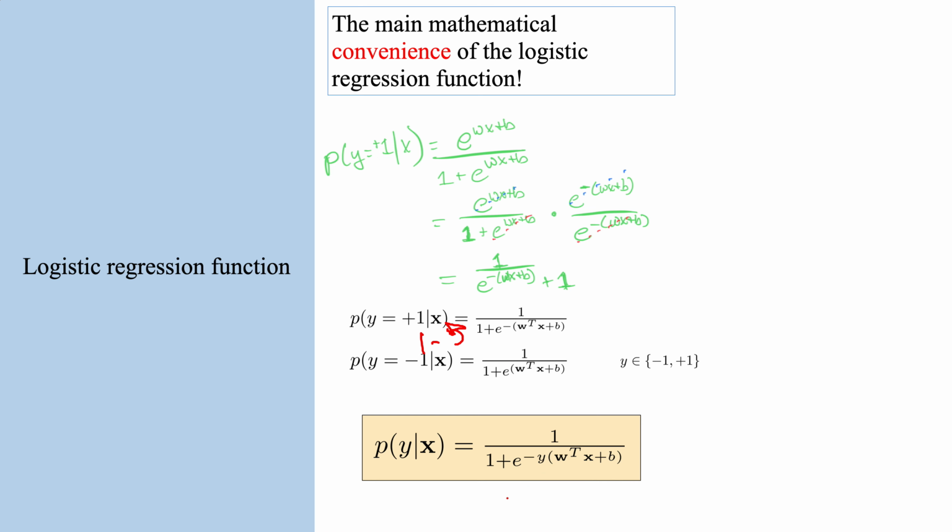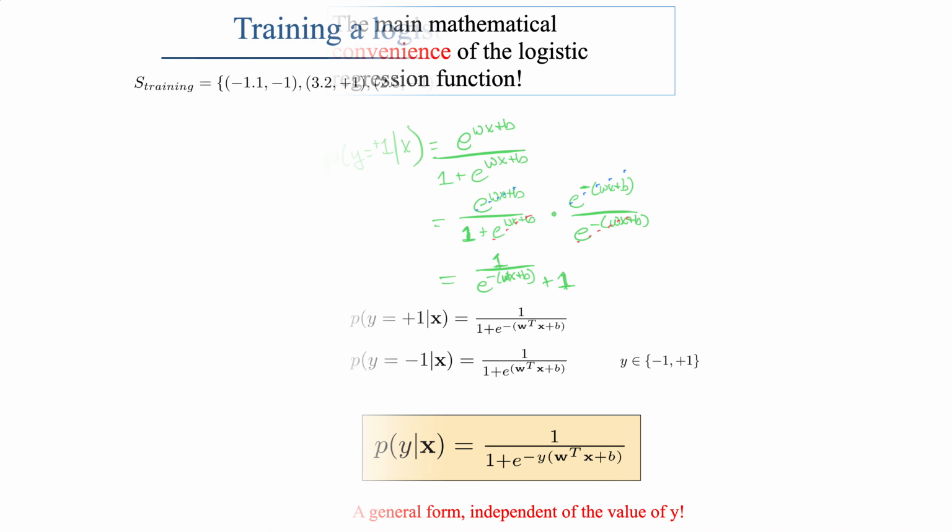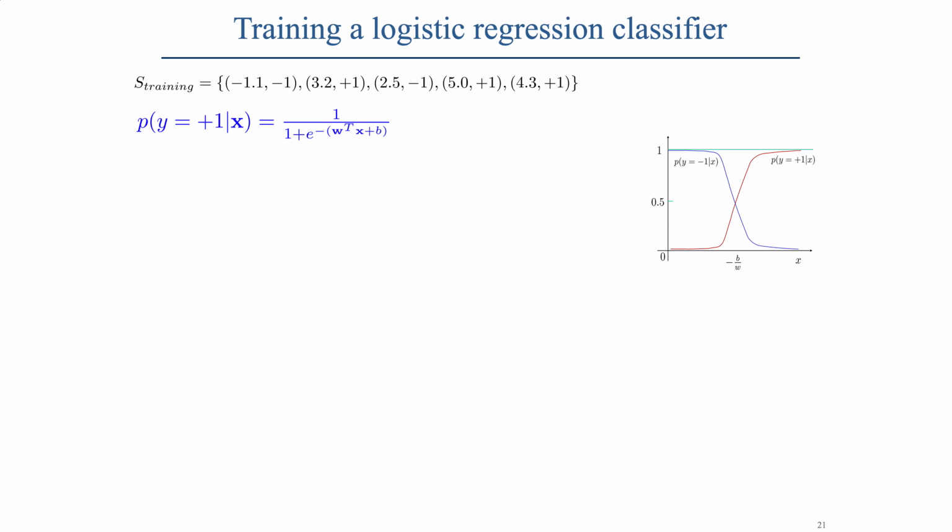So this little version right here, it doesn't matter what class you're trying to classify. It doesn't matter if you're looking for positive class or negative class. Any old data point, it's going to be e to the minus y times wx plus b. Okay, so it's independent of y. So we can see this at work.